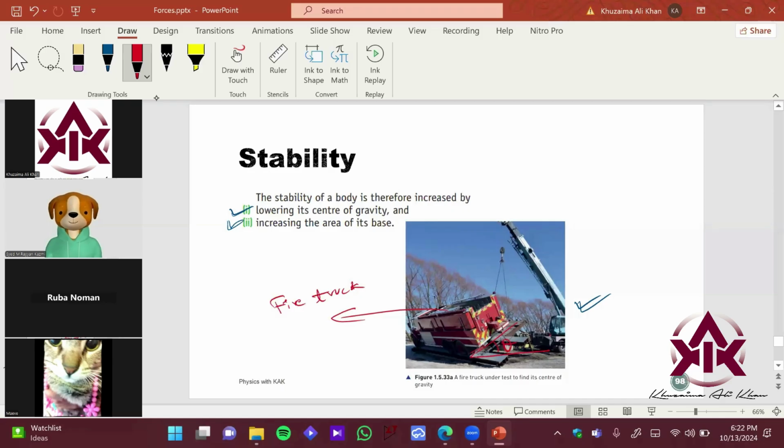They are trying to find its stability point, after which angle it topples down, and also its center of gravity. This is an experiment which you can read further in your book. This is not so important. Just imagine that they're trying to topple it and find the particular angle after which it falls down.